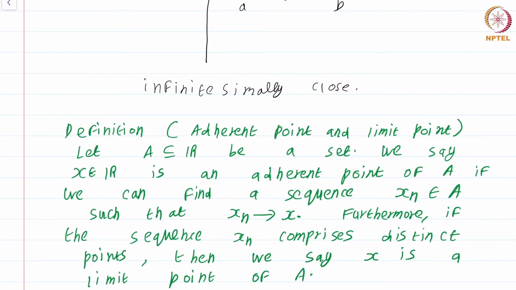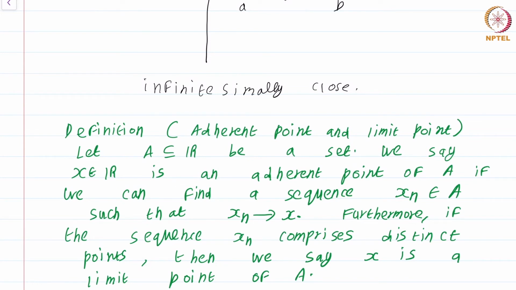So this adherent point captures the idea that a point x is, quote unquote, infinitesimally close to the set A. What we are saying is the point x is adherent to A if you can find elements of A that converge to x.